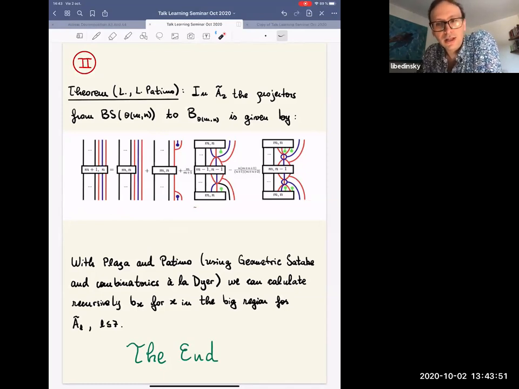I mean, it's kind of equivalent. Probably the clasp conjecture, one can translate it into a conjecture of this kind in A_N tilde, and then when you understand the big regions, you understand more elements, more of these projectors.